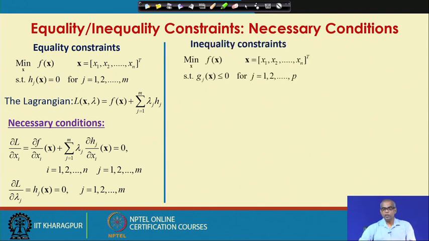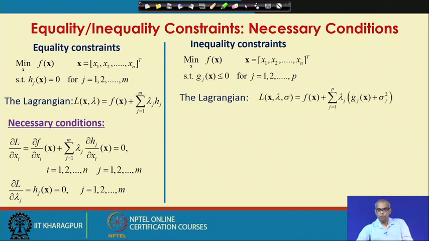Note that when you take del L del lambda_j, you basically get back the equality constraints. Now, about inequality constraint optimization problems. So, we had an n variable objective function subject to p inequality constraints of less or equal to type. Again we formulate the Lagrangian.